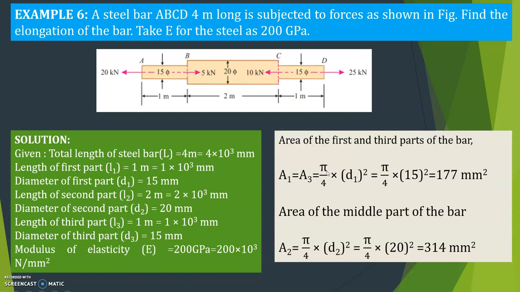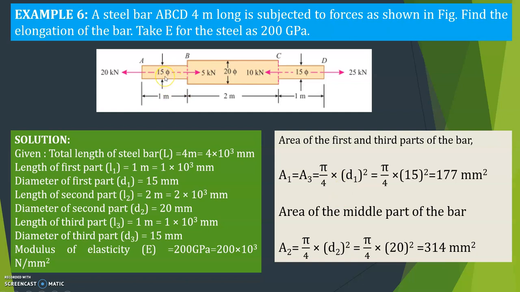Young's modulus is given. First we will calculate the area. A1 is section 1, then section 2, and section 3. A1 and A3 are the same because the diameter is the same. So area A1 is equal to A3 is equal to pi divided by 4 into D1 square.